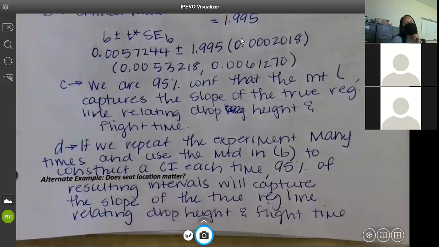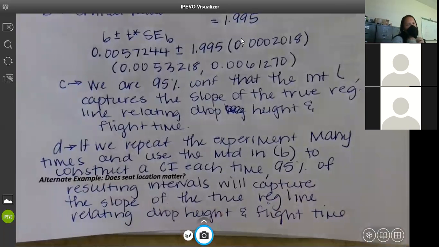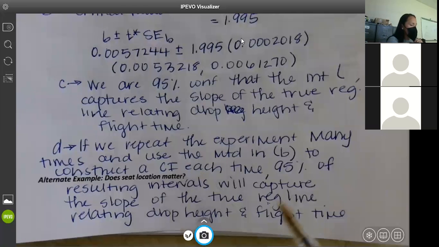Any part of this you could leave out? You could leave out the use method in part B. That's about all you can leave out. If we repeat the experiment many times to construct a confidence interval, 95% of the resulting intervals will capture. So you can leave out the method in part B.